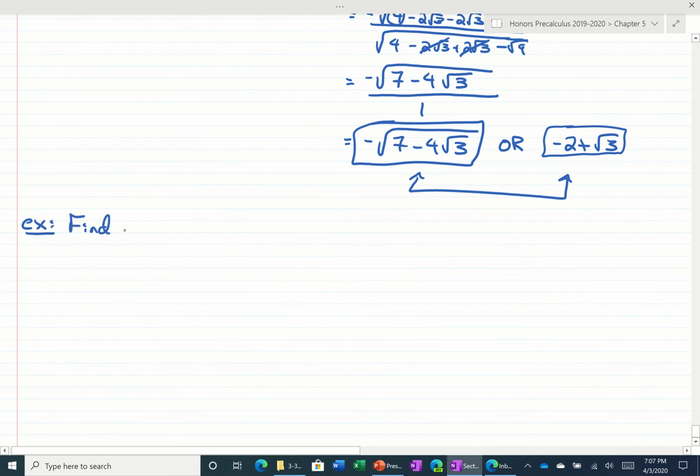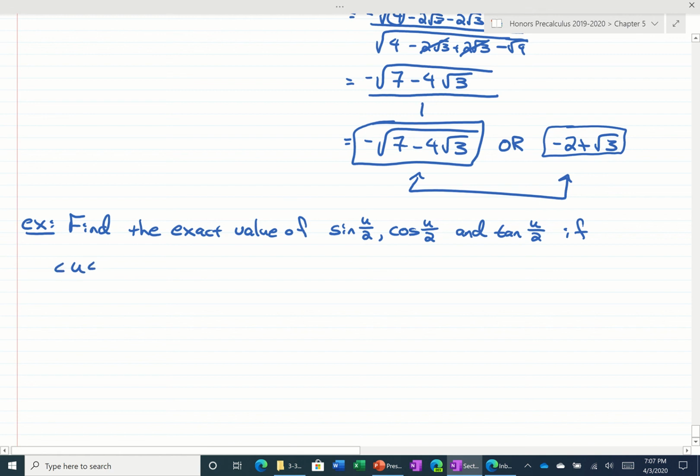So we're going to be finding the exact value of the sine of u over 2, cosine of u over 2, and tangent of u over 2, if u is in the third quadrant between pi and 3 pi over 2, and the cotangent of u is equal to 7.